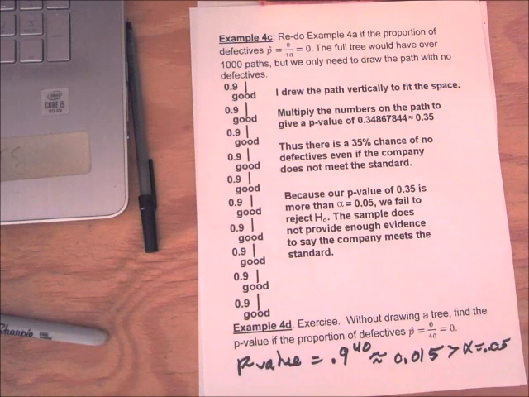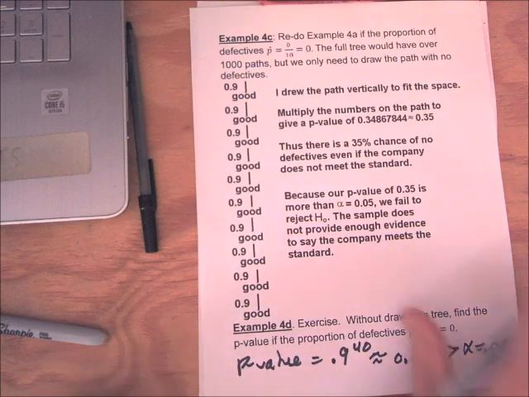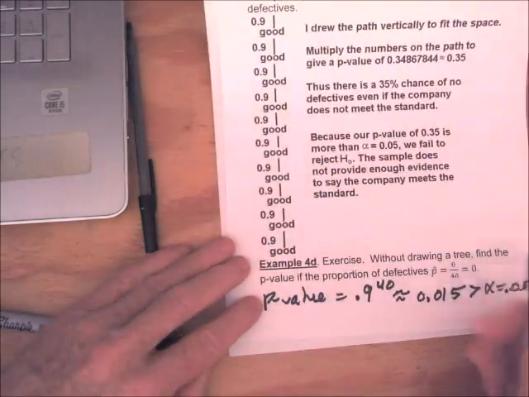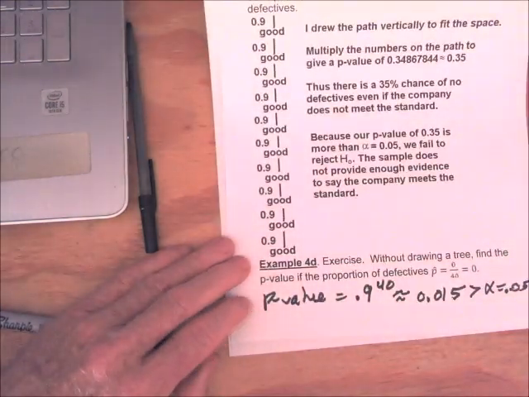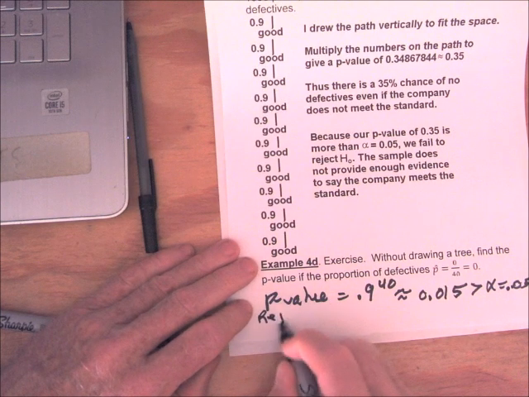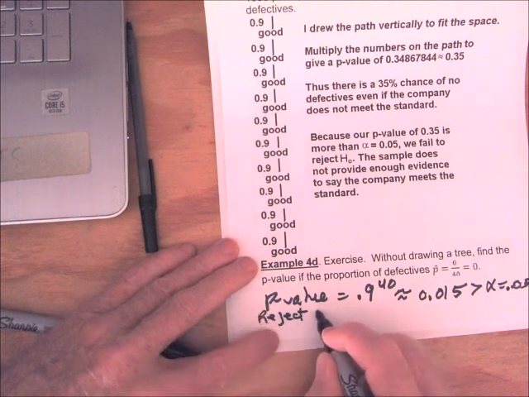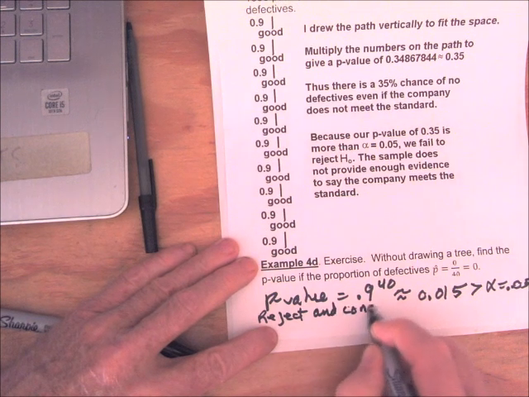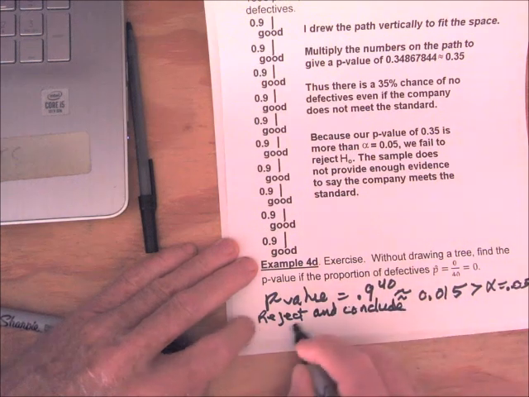And so in this case we would reject H naught and conclude that the sample does provide enough evidence that the company meets the standard.